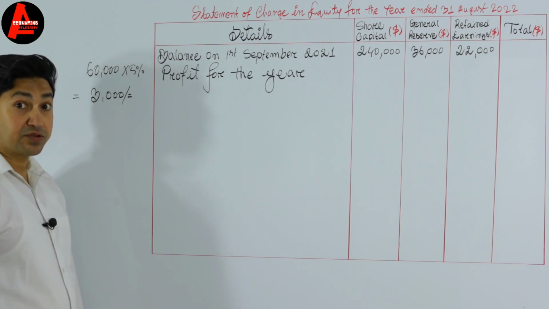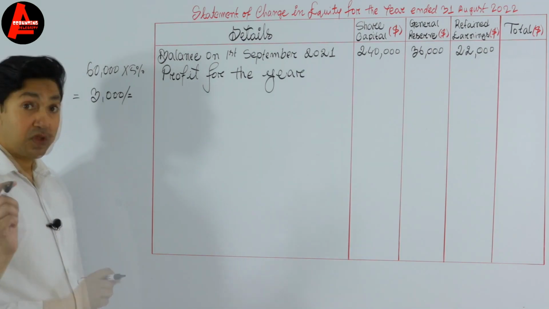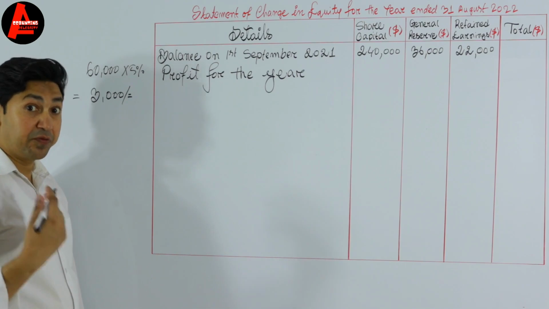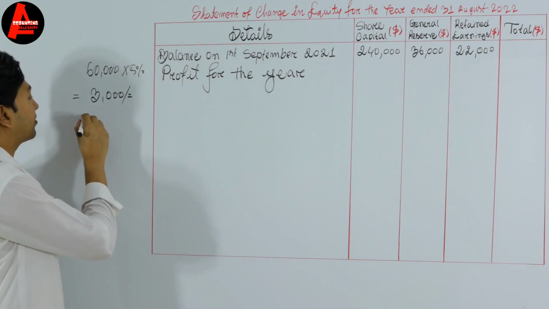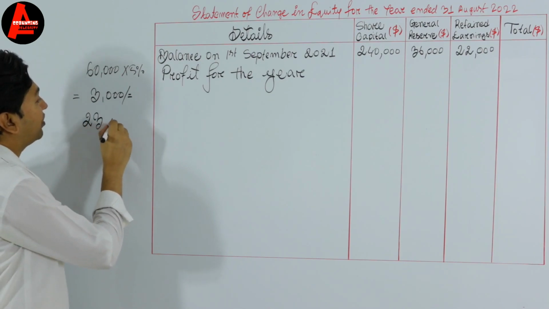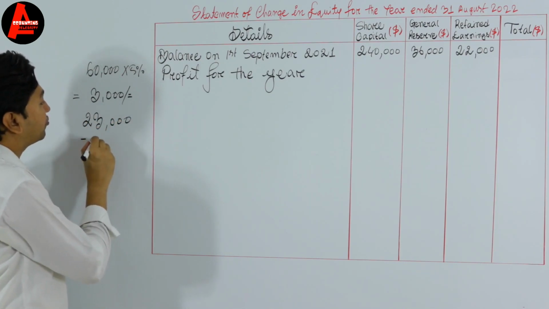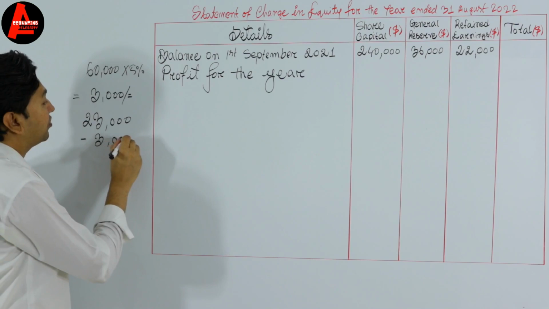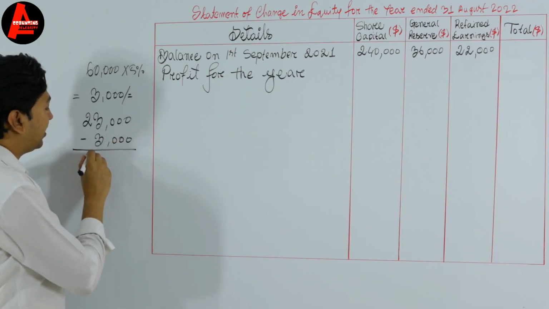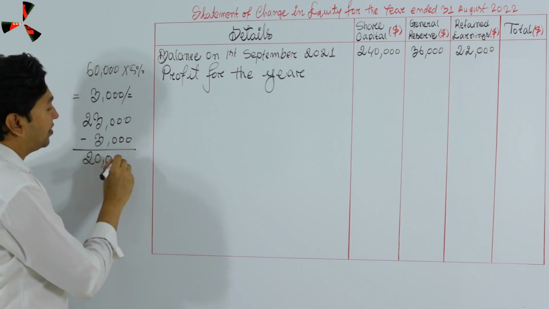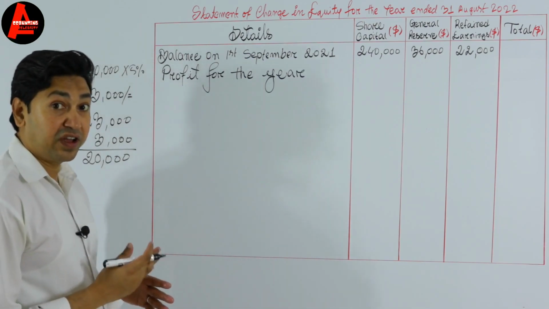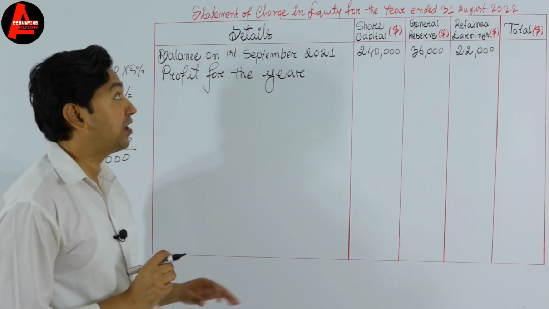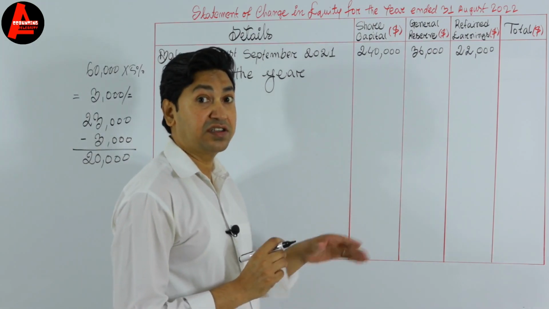Now we need to subtract interest on debentures from the profit for the year before interest, which is $23,000. So $23,000 minus $3,000. If we subtract, we get $20,000.